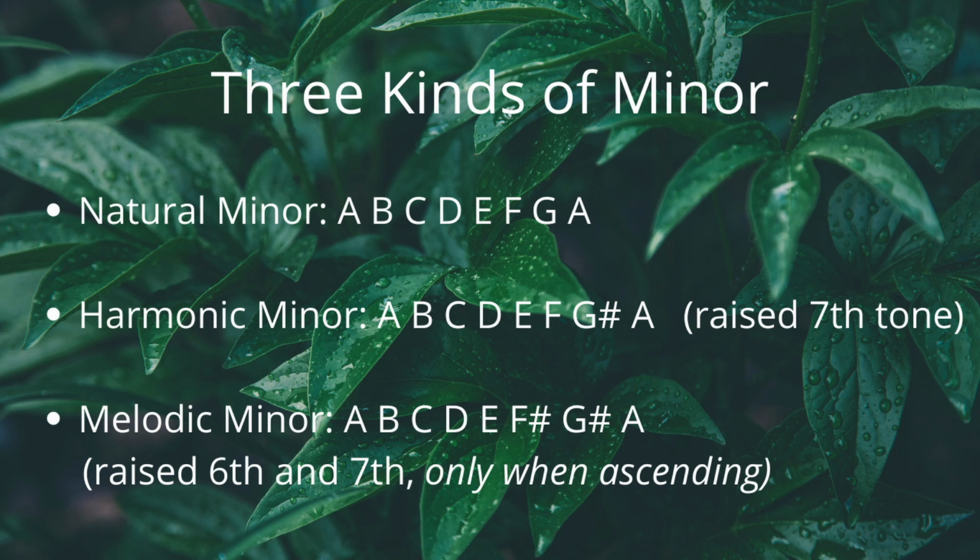Third, the melodic minor, played with the raised 6th and 7th note ascending, but returning those notes back to natural on the descent. So it might seem a little strange in concept, but the melodic minor actually sounds quite good when you play it that way.